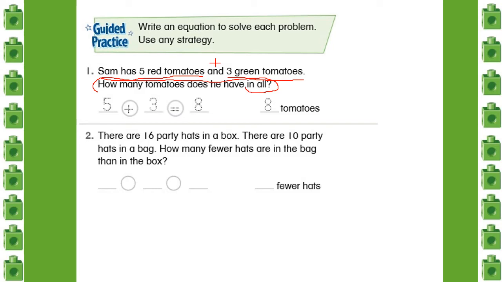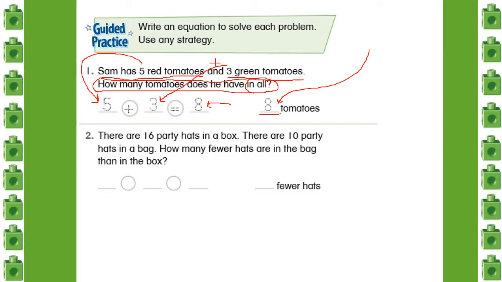And "in all" also usually tells us that we're dealing with an addition problem. Well, 5, and there's the 3. 5 plus 3 equals 8. 8 tomatoes. And remember, it's not correct if you stop here. You've got to go all the way and finish everything. You've got to complete all the blanks.